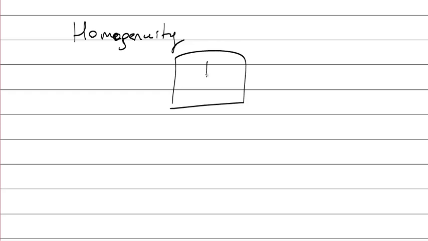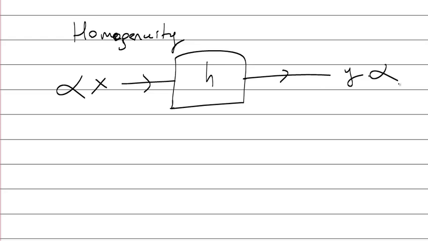You have a system H. If you apply X, you get Y. Homogeneity means if you scale X with some constant value, alpha, the output will be scaled with the same constant. That's it. That's called the homogeneity property.